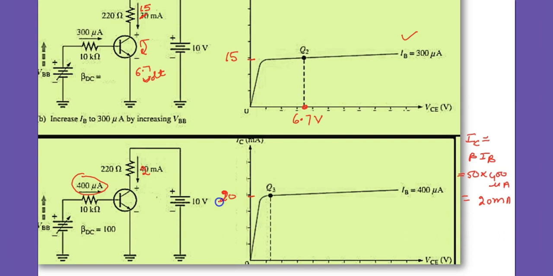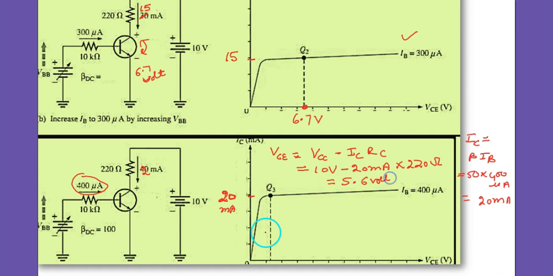Now the question is, what happens to VCE, the collector emitter voltage? Applying the same formula, it becomes 5.6 volt.